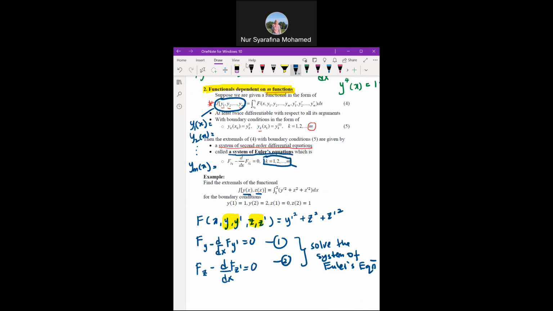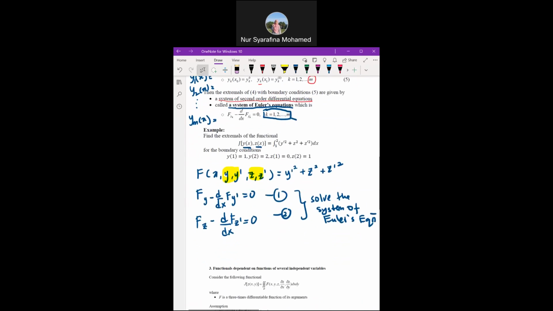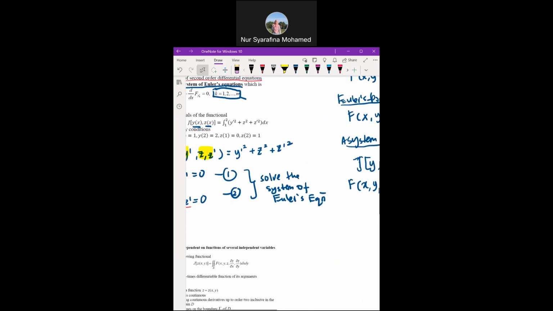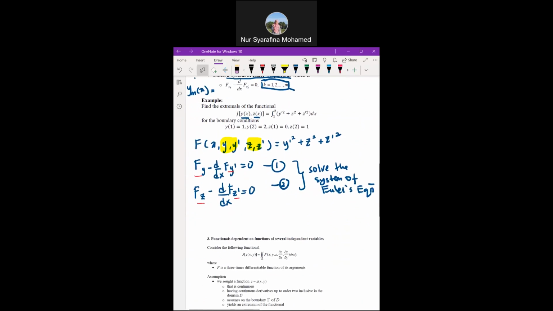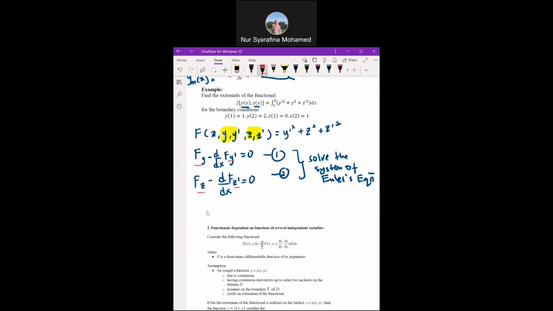So from here, you need to identify what is your fy, fy prime, fz, fz prime. All right. So from this example, we can find our system of Euler's equations here. For the first part, what is our fy? Fy here equals 0.